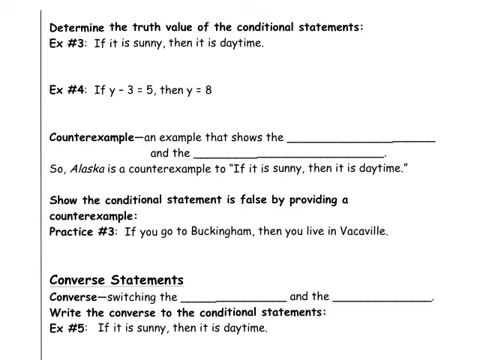Okay, it says determine the truth value of the conditional statements. First one says, if it is sunny, then it is daytime. Usually if it's sunny, then it is daytime. But is there anywhere in the world where it's sunny out and maybe it's not actually daytime? Actually, there are.